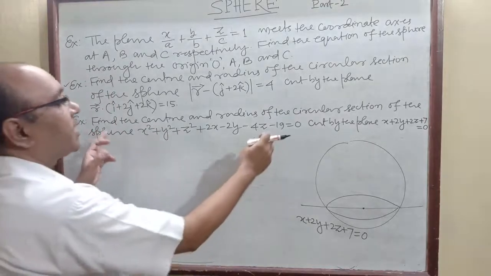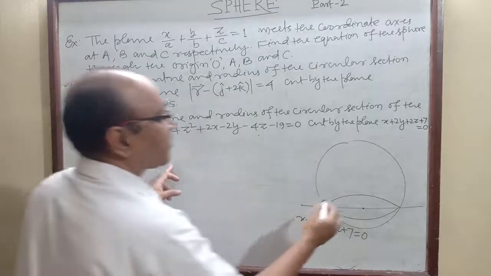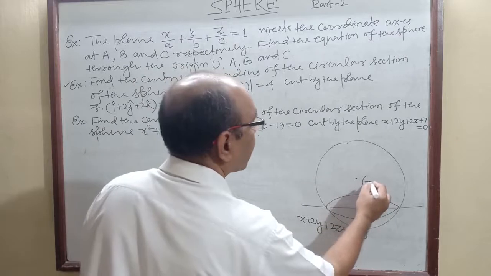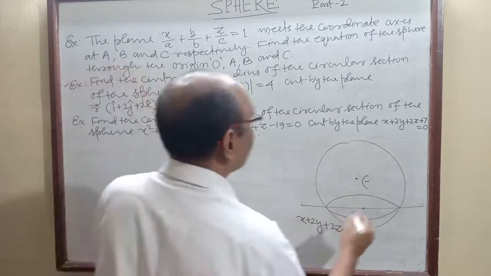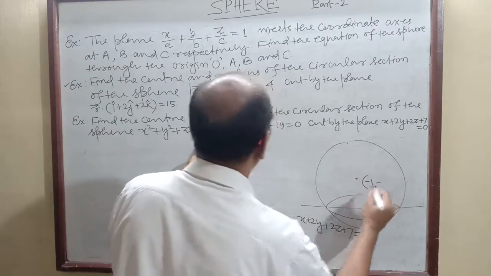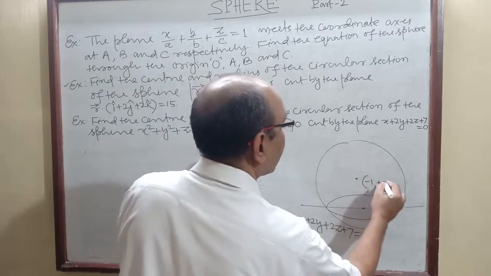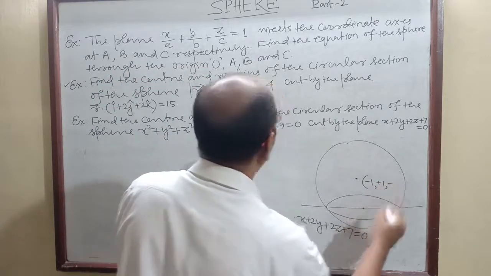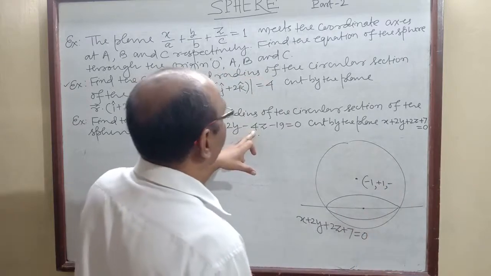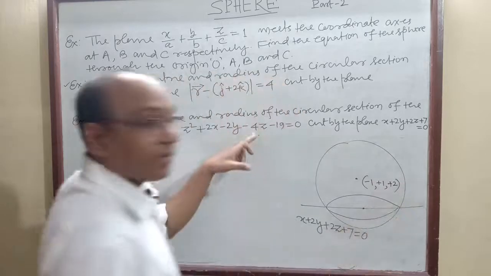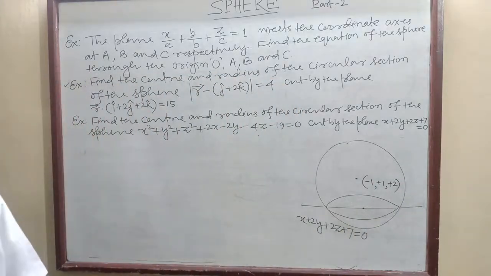The equation of the sphere is given here. What will be its center? As we know, the center is minus coefficient of x by 2, minus coefficient of y by 2, minus coefficient of z by 2. That means (1, -1, 2), which will be the center of the sphere.